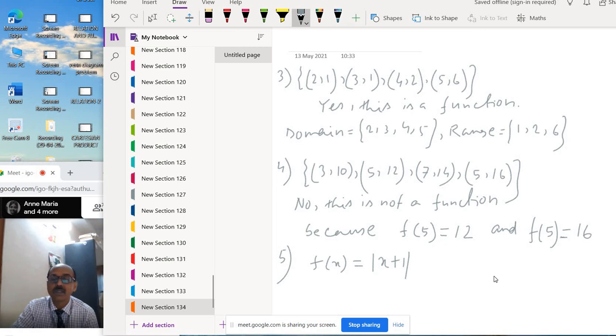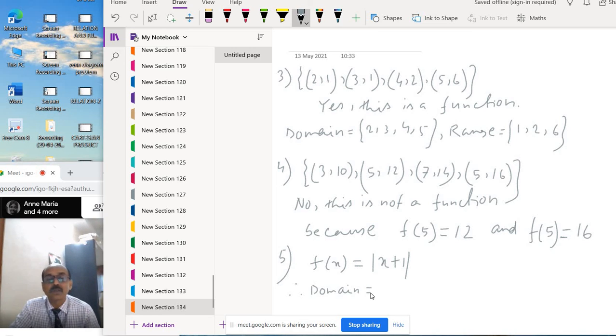Any value you can take, then what is the domain? Any value except 1? Why except 1?